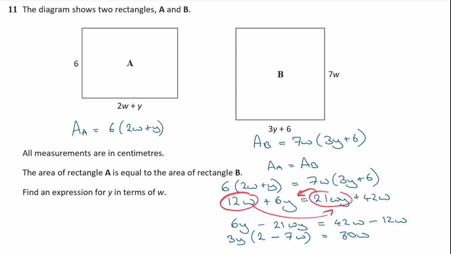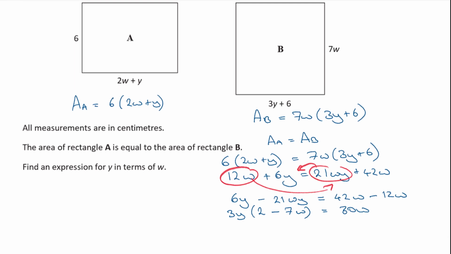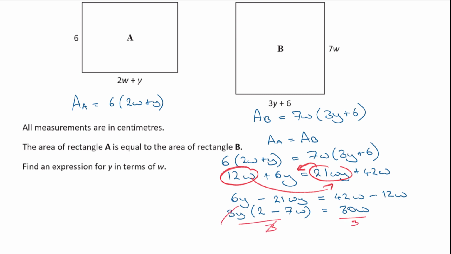Then the last step, I'm just going to shift this up a little bit, give myself a bit more space. So then I'm going to divide both sides by 3 lots of, let's divide by the 3 first, because that's quite easy. Let's divide both sides by 3. So divide by 3, that will cancel, and divide by 3, that will cancel. Leaving me with 10w.